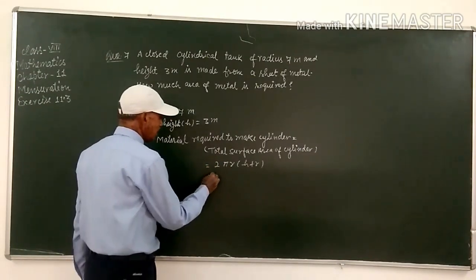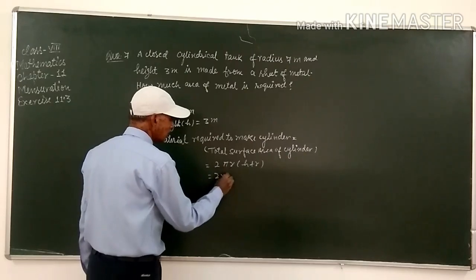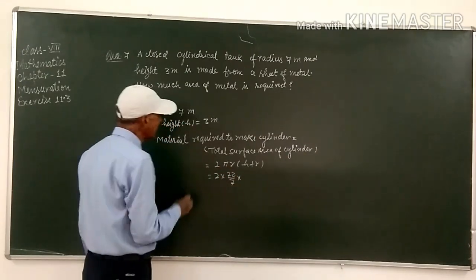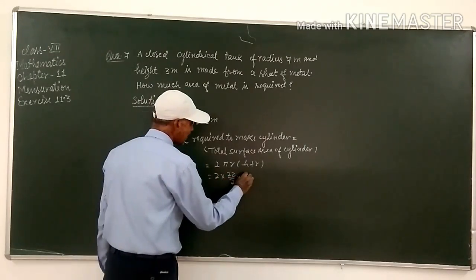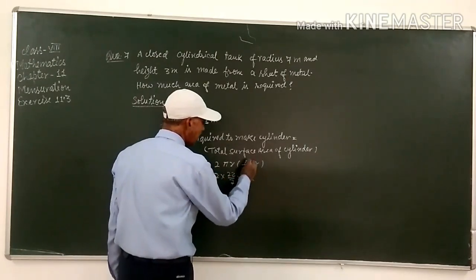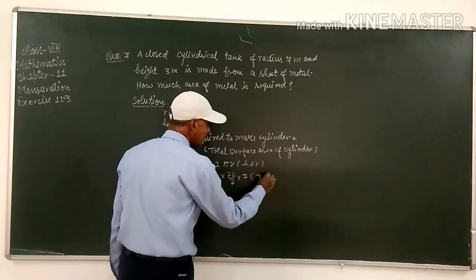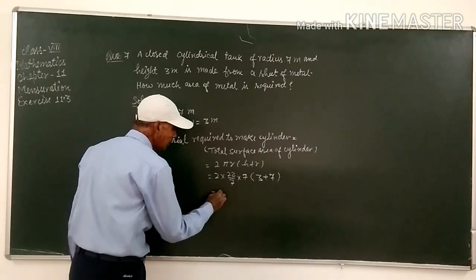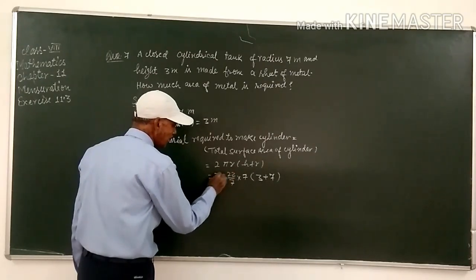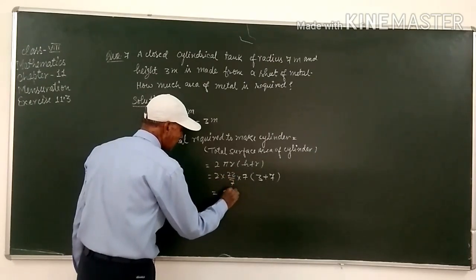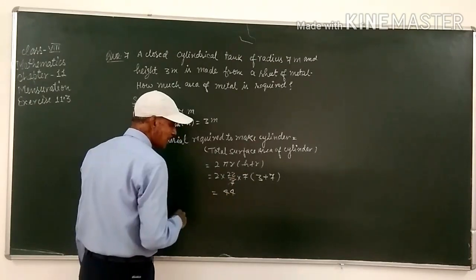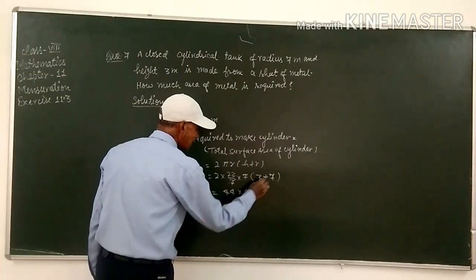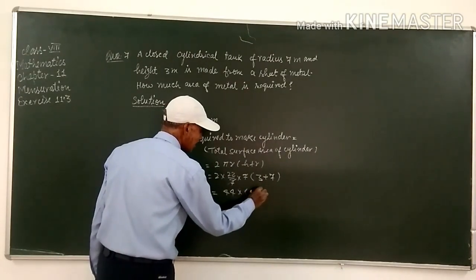So in this, 2 into value of pi, that is 22 by 7, and radius that is given 7 meter, and height that is 3 meter and radius 7 meter. Now it will be 22 into 2, that is 44, 7 cancel by 7, into 3 plus 7, that is 10.